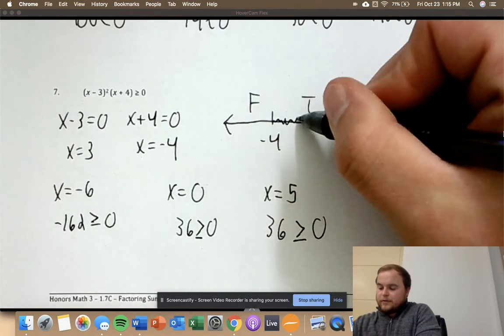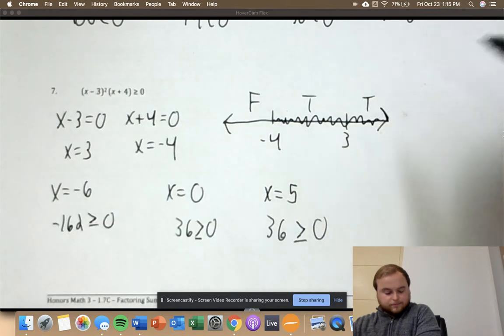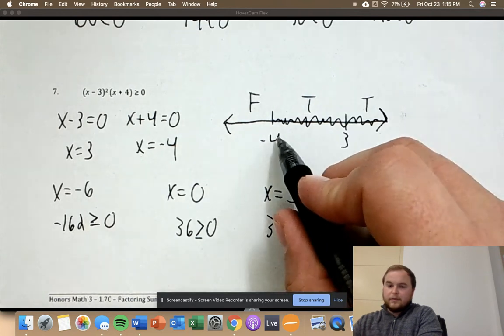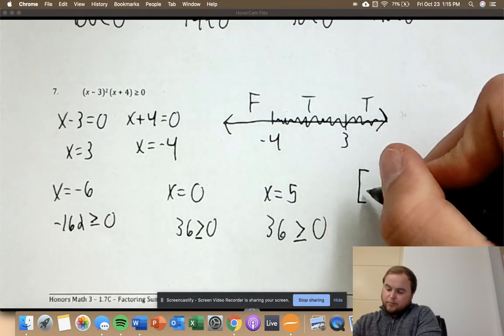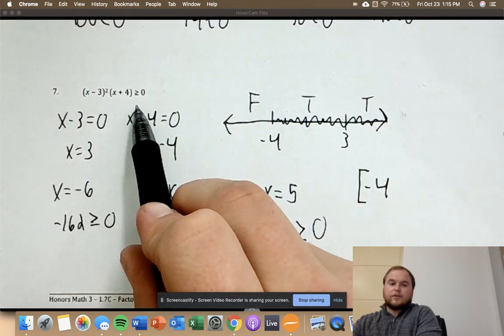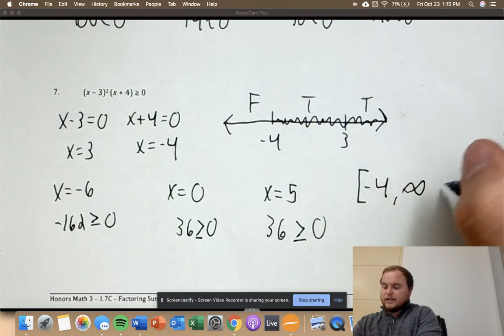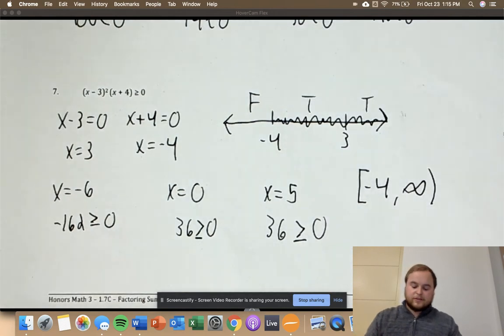So we care about these two intervals. But they're connected, right? So all we have to say is that it's going from -4, and again, we have brackets here, because it's greater than or equal to, and it's going to go all the way to infinity, right? Because this is going to keep going. We always put parentheses around infinity.